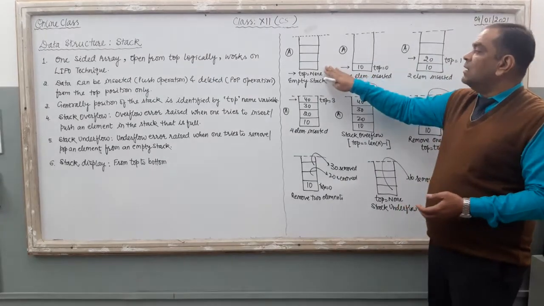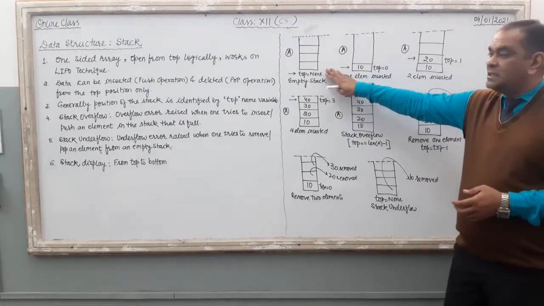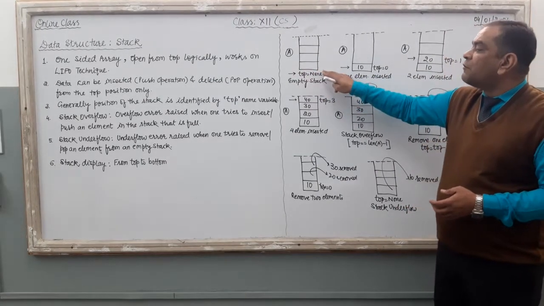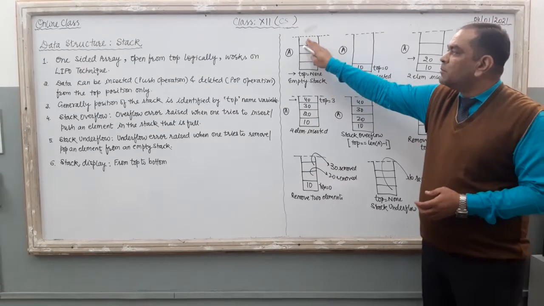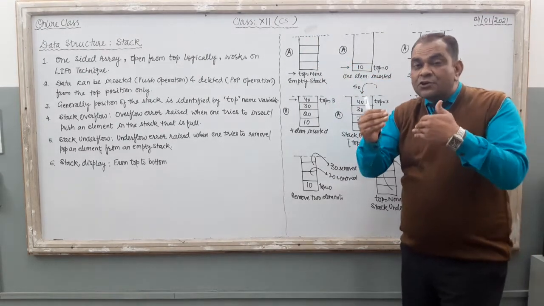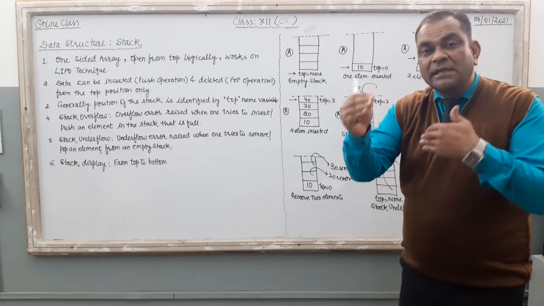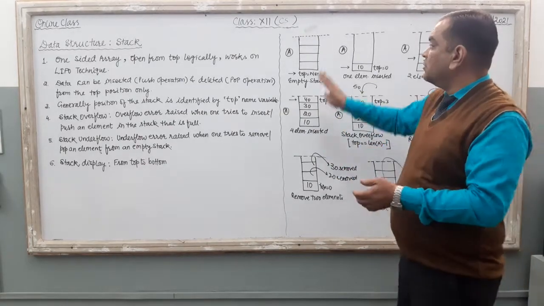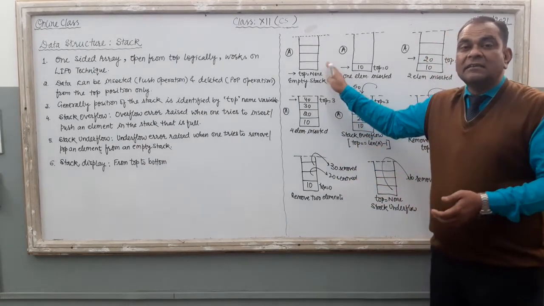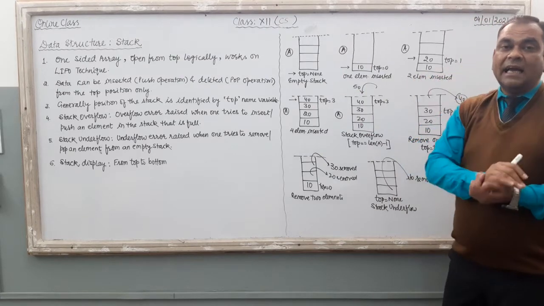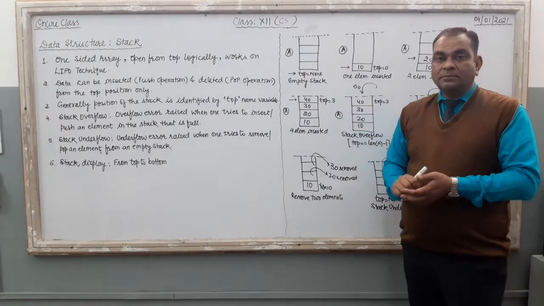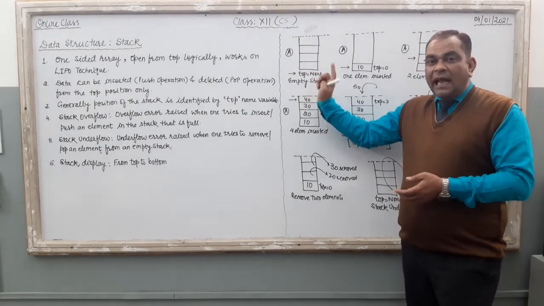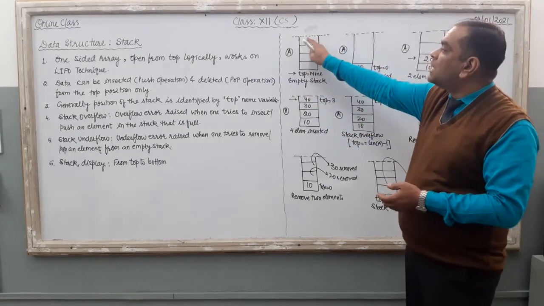If you see the first image here, it is locked from the bottom, open from the top, and a stack should have a specific size. So this picture is a 4-size stack. Size of the stack is 4. Bottom is locked, and it is open from the top.